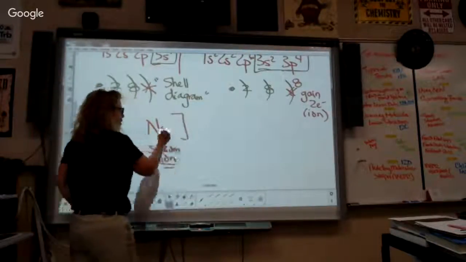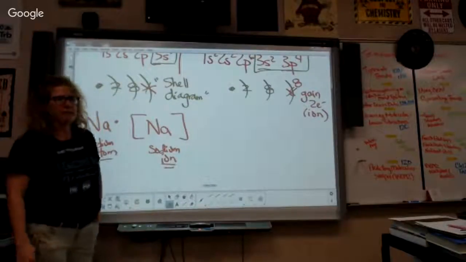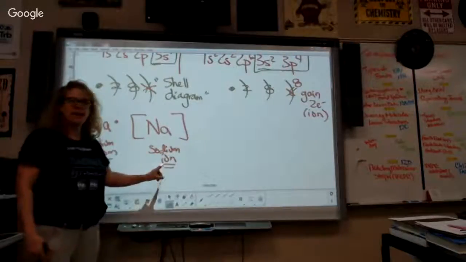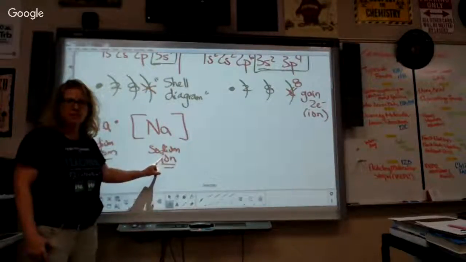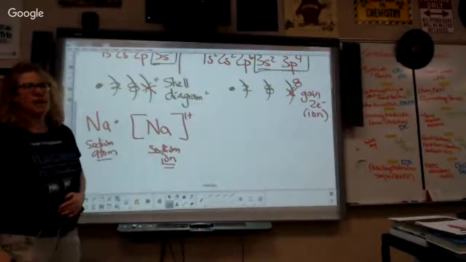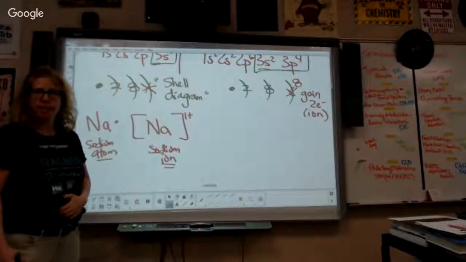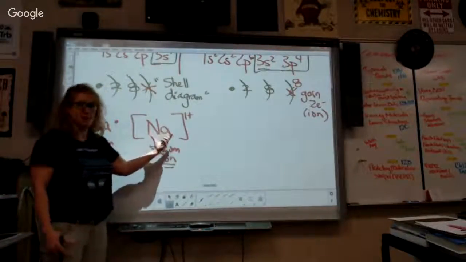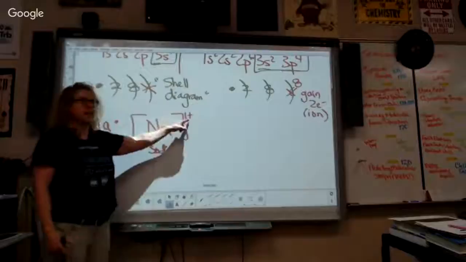So to indicate that we didn't just screw it up, we will use square brackets. Square brackets indicate ions. And then we will write the resulting charge afterwards outside that square bracket. So this is what sodium ion looks like. This is the dot diagram for sodium ion. There's no dots left because it's given it away.